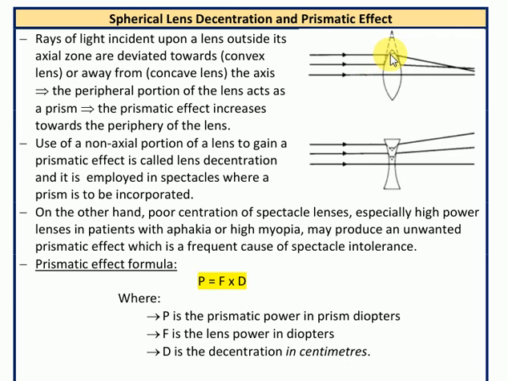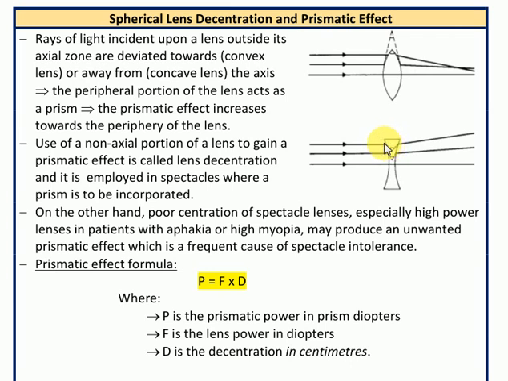So these rays will be deviated toward the axis in case of convex lens. In case of concave lens, they are deviated away from the axis. So this peripheral portion of the lens acts as a prism because it deviates the light rays. The prismatic effect increases towards the periphery of the lens.